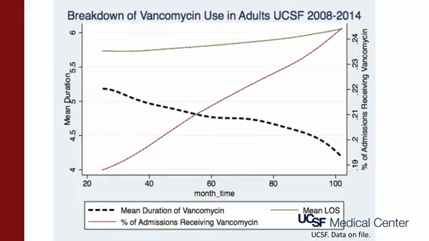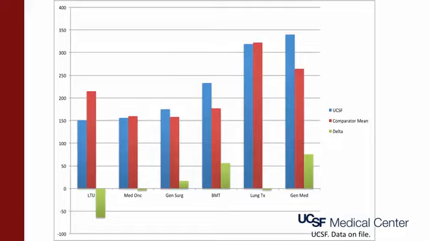Over the time period, the mean duration of vancomycin among patients who received it actually went down, but the number of new starts increased substantially, such that 25% of all adult admissions for any indication were receiving vancomycin during their hospitalization.